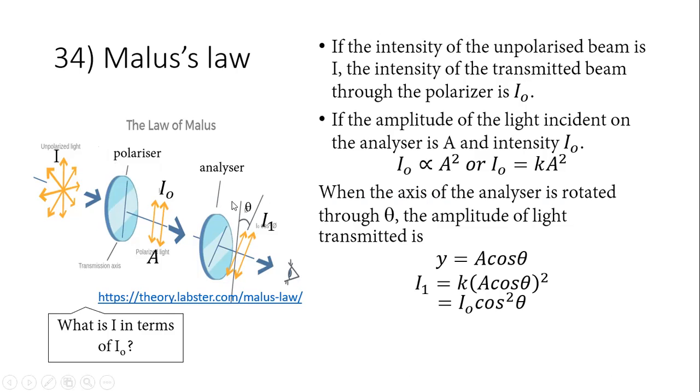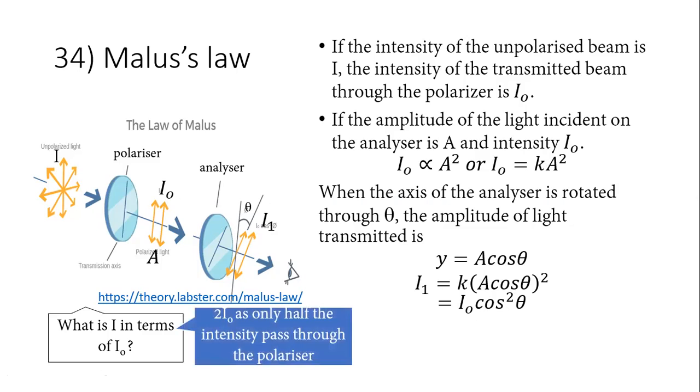No, we are not paying attention in class. This is I0, this is I1, and they are related by this equation, which only applies to plane polarized light. Now I'm asking you about I0 and I. How are they related? You have two components, each component is I0, so the total is 2I0. That's all. The polarizer allows only one component to pass through, which means only half will pass through. Okay?